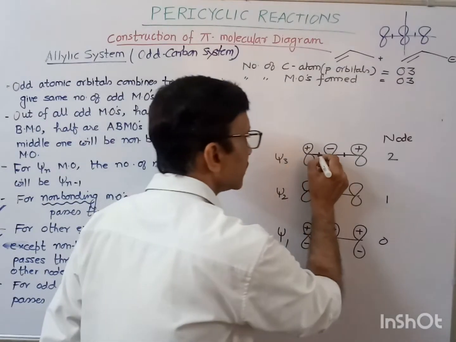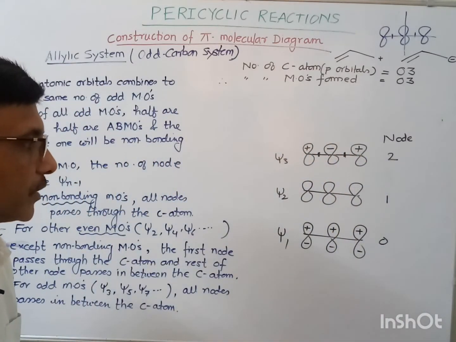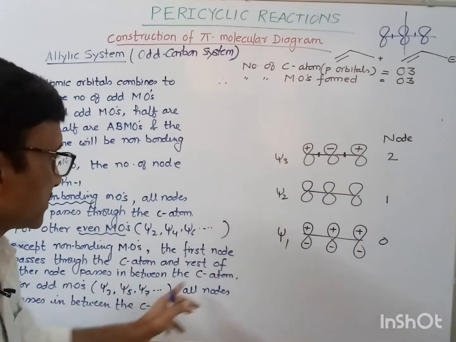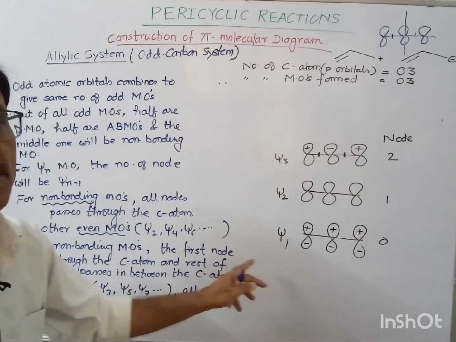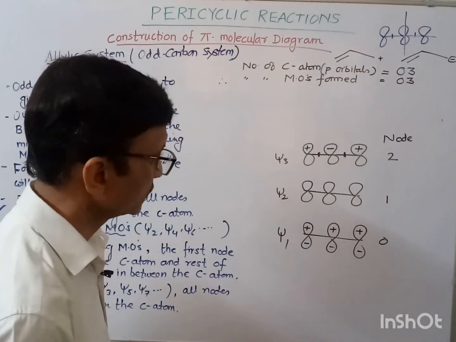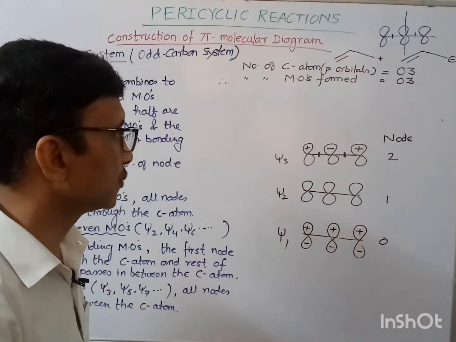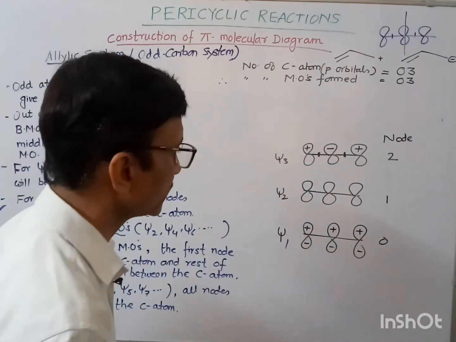So here you can see this node is passing in between the carbon atoms, except for psi 1. I wrote psi 3, psi 5, psi 7, not psi 1, because psi 1 doesn't contain any node. If an odd orbital contains a node, it should pass in between the carbon atoms.